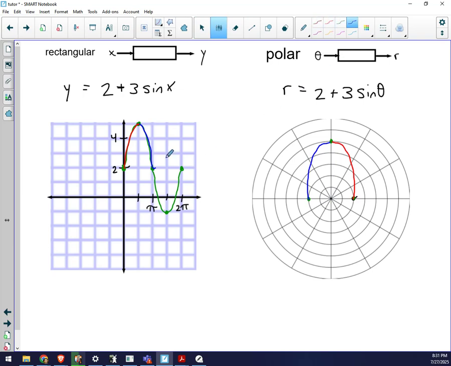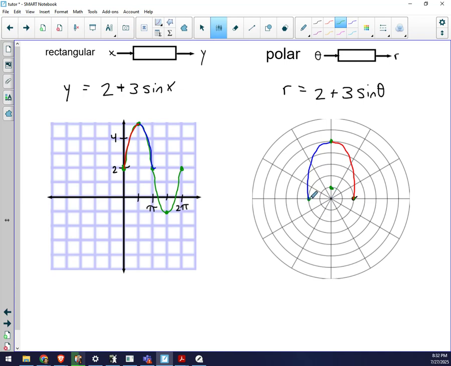Now the third section, when x equals 3 pi halves, y equals negative 1. That means when theta equals 3 pi halves, r equals negative 1. So that would give us a point right here. If theta is 3 pi halves, looking straight down, we have to back up 1 unit for a negative r value.